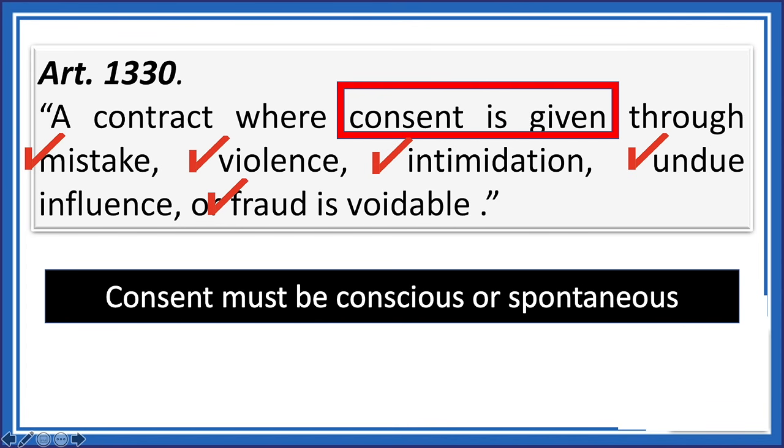Yun yung status ni voidable contracts, in which we will have a separate video regarding this sa voidable dun sa mga defective contracts. Okay? So, I guess wala na rin atang dapat i-discuss. So, let's proceed with Article 1331.